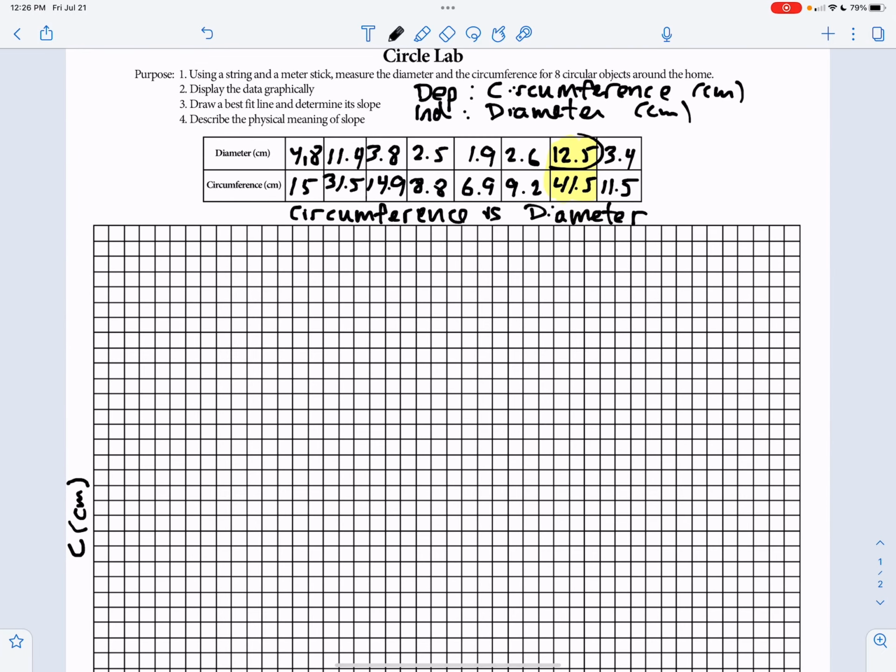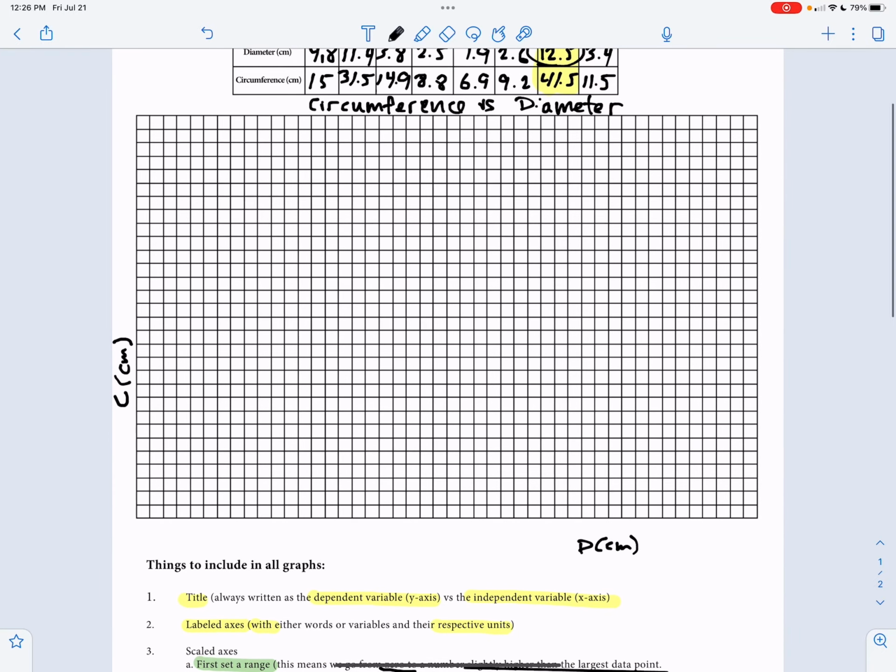My largest value is 12.5. So let's figure out how many boxes we have. There's 1, 2, 3, 4, 5, 8, 9, 10, 11, 12, 13, 14, 15, 20, 21, 22, 23, 30, 31.